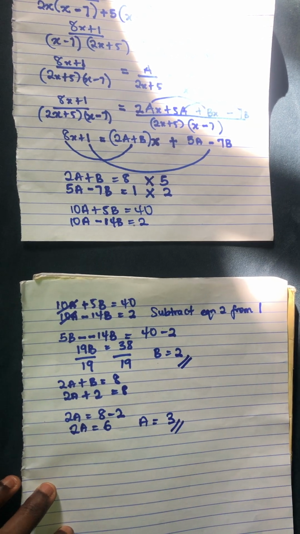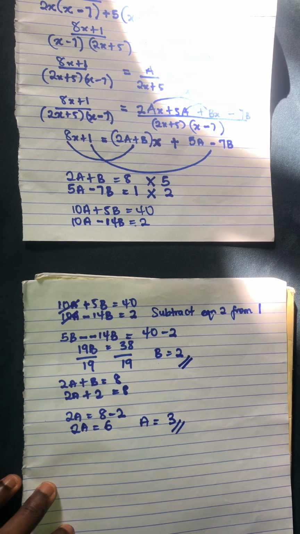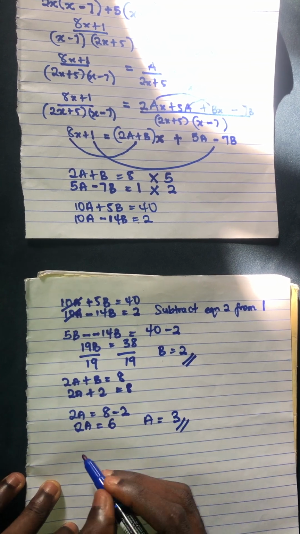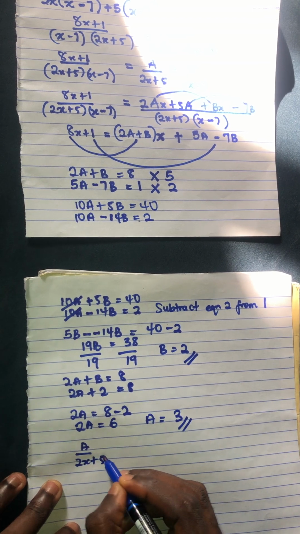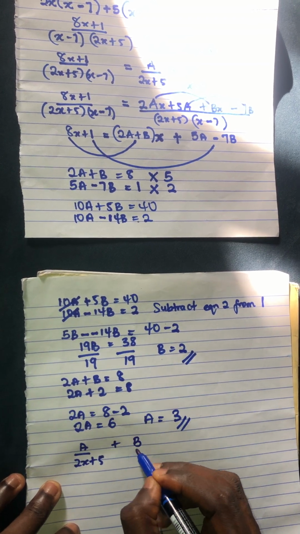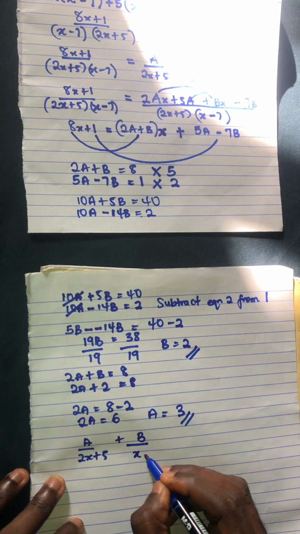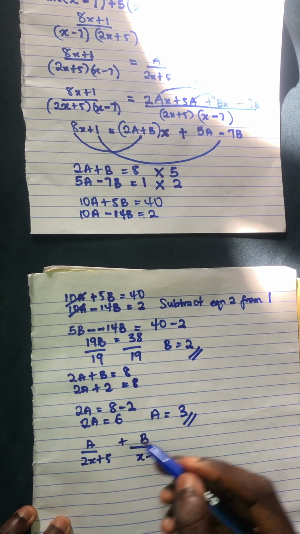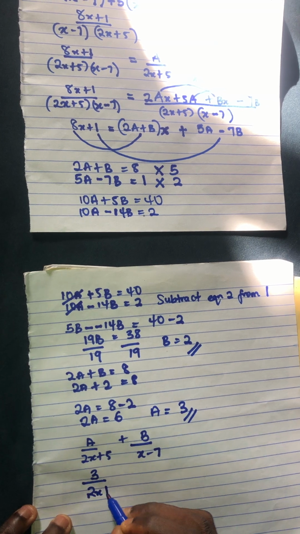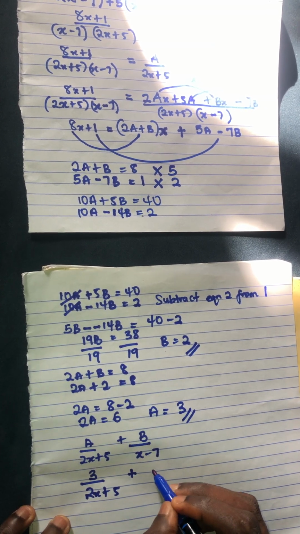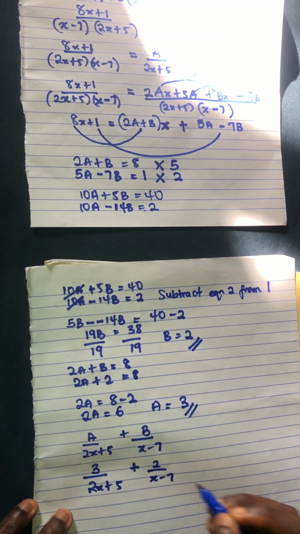Take note. In that same manner in which I wrote it before, when I said A all over 2x plus 5 plus B all over x minus 7, I will now put those values to say 3 all over 2x plus 5 plus 2 all over x minus 7.